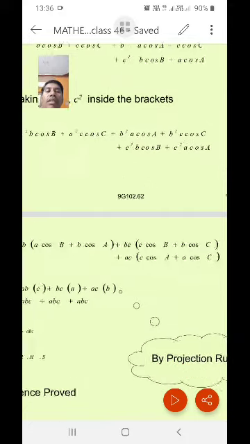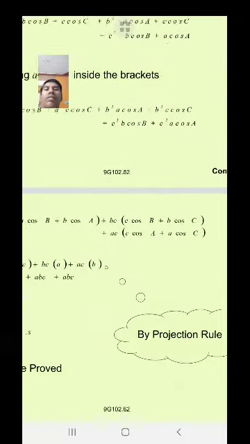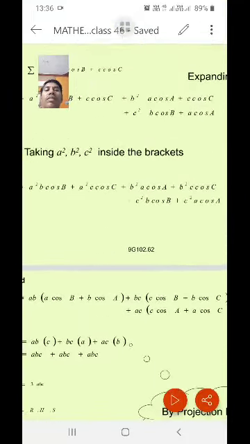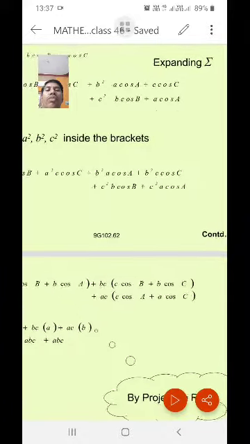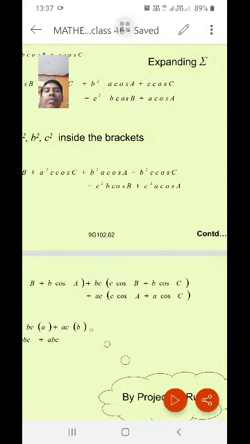Similarly, in the second group we took bc common, from the 4th and 5th terms, and from the remaining terms we took ac common.